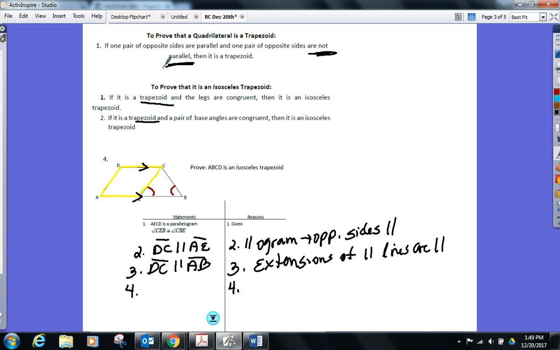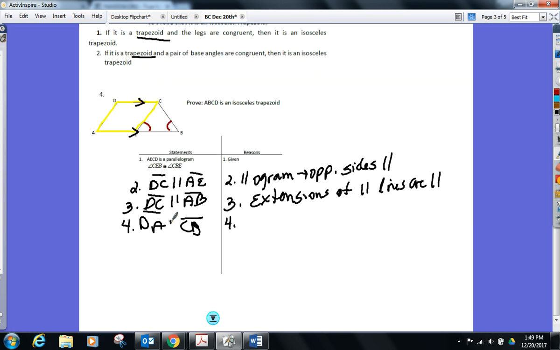No. So we're going to say now that the other pair, DA and CB, are not parallel. And yes, this is okay to write.